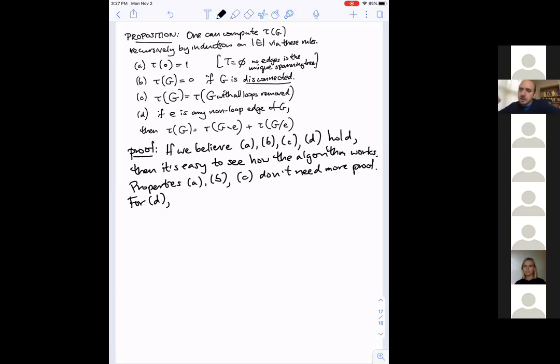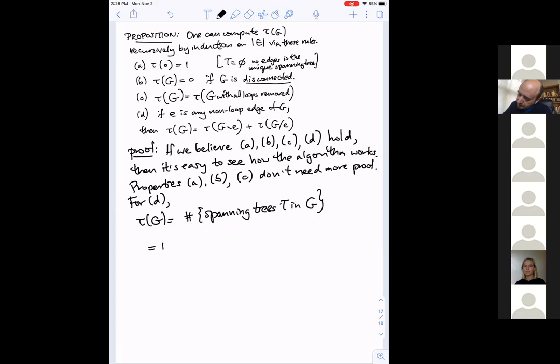And this is really one of our counting principles at work. What we're going to use is, in fact, the combination of two of the counting principles that we've seen show up before. We do a sum principle where we take tau of G, the number of spanning trees T in G, and we take this set and we break it up into two disjoint pieces that are going to have this size and this size. That would be using sum principle.